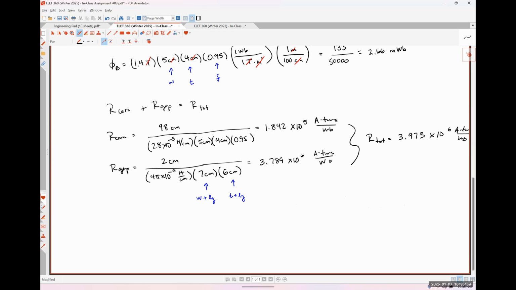And we now should have all of the constituent parts to put into our expression in order to find current, right?